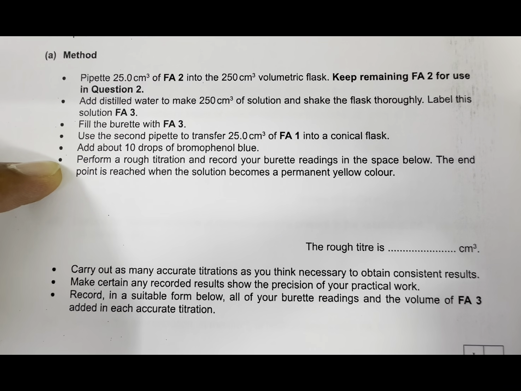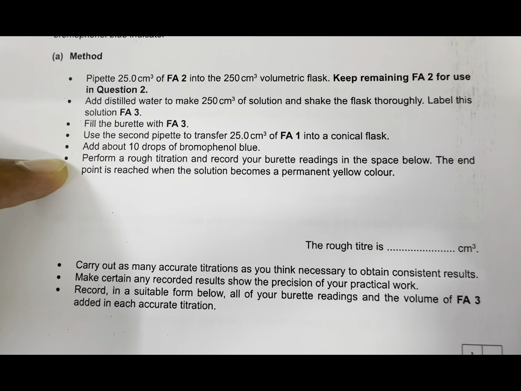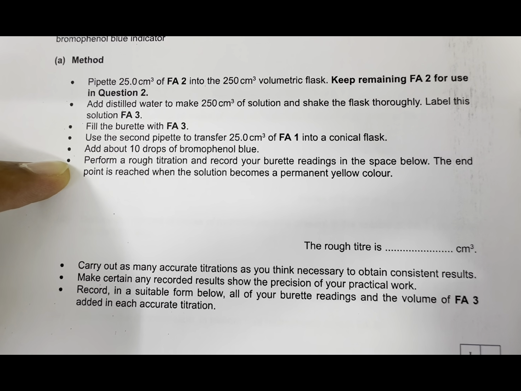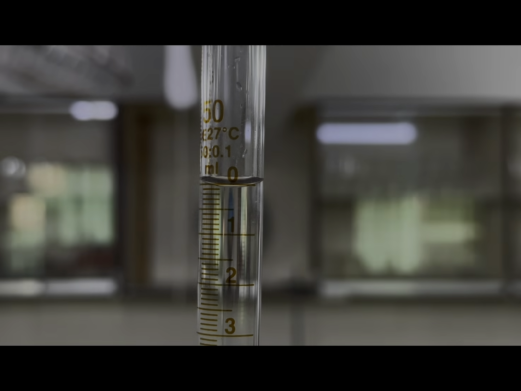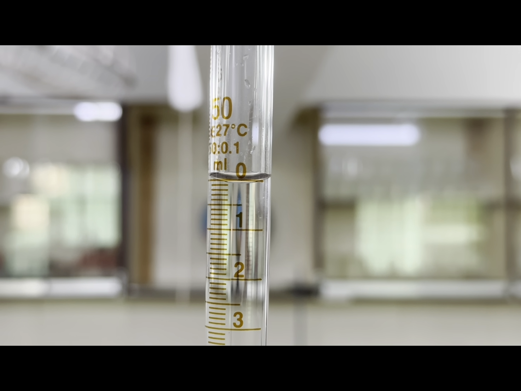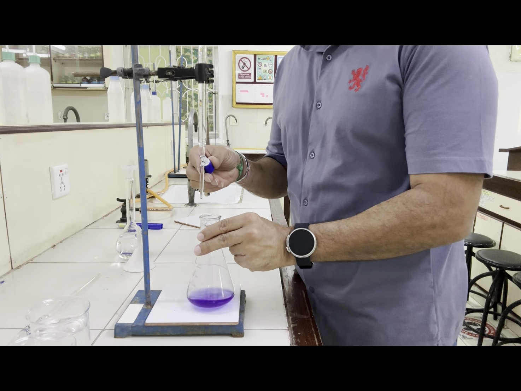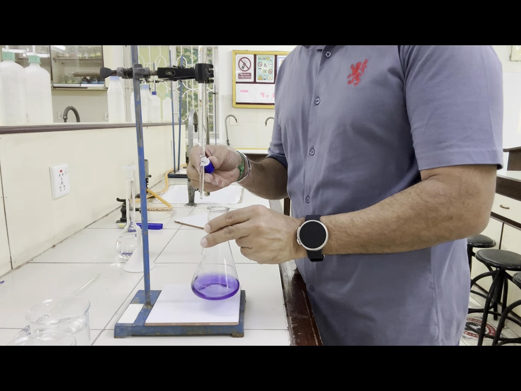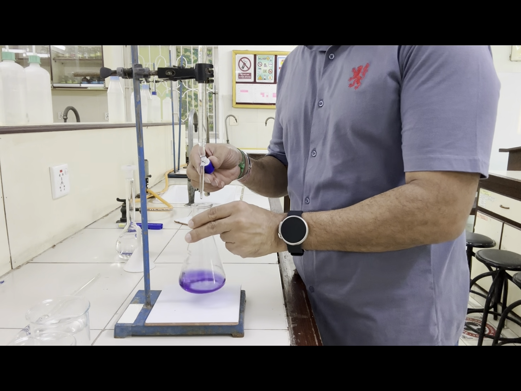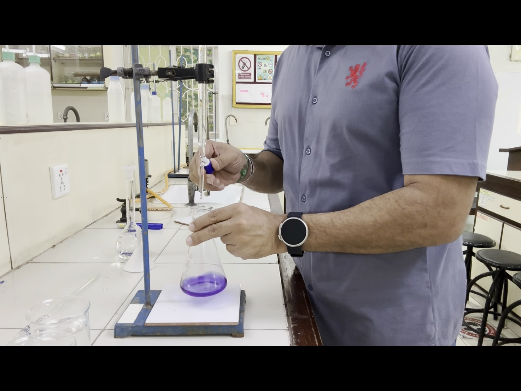The next step says perform a rough titration and record your burette readings in the space below. The end point is reached when the solution becomes a permanent yellow color. This is our initial burette reading, 0.00. Now using one hand on the knob and the other hand on this conical flask, we will swirl it continuously and we will add this solution Fa3 filled in the burette until the solution goes yellow.